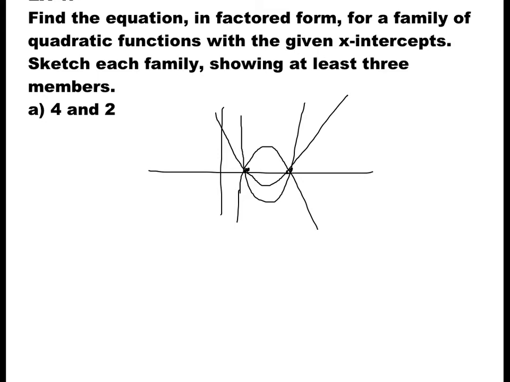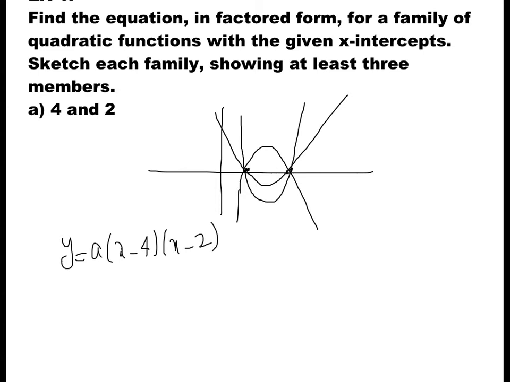The collection of all these parabolas, we call a family of quadratic functions. So all these three that I've drawn here are members of the same family. But what is the exact family? The family is y is equal to a times x minus 4 times x minus 2.